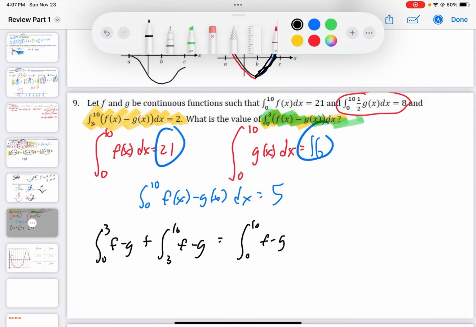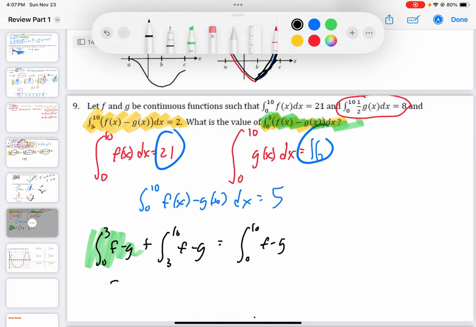And I'm trying to find 0 to 3. Now I got lazy, I don't have the dx. So that's going to be our question mark, what we're solving for. This was 2, and we found this was 5. So our answer to this would be 3.